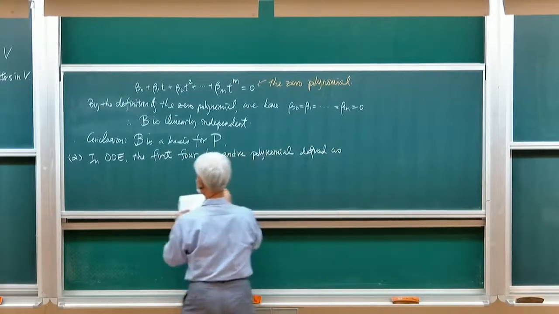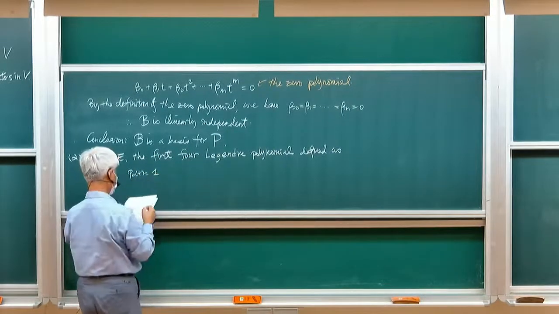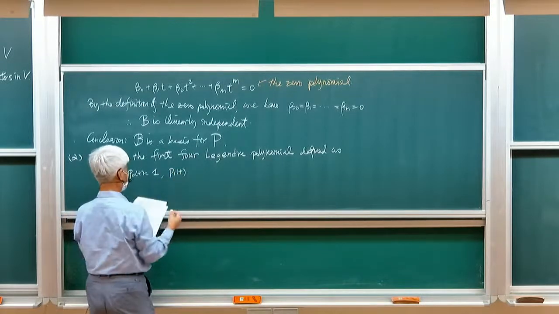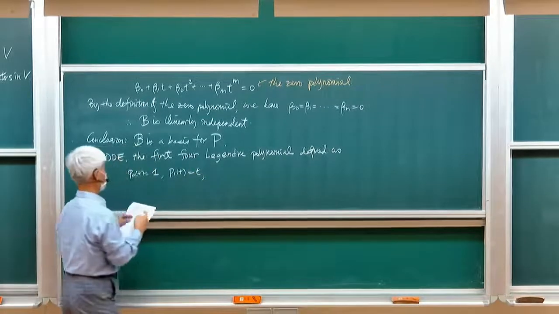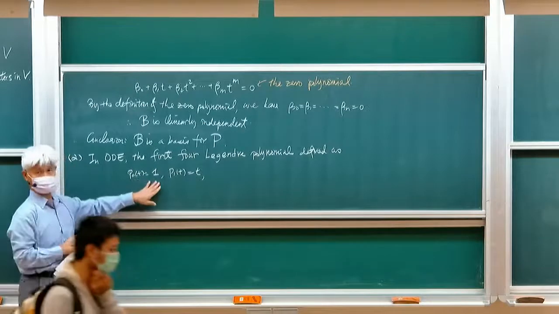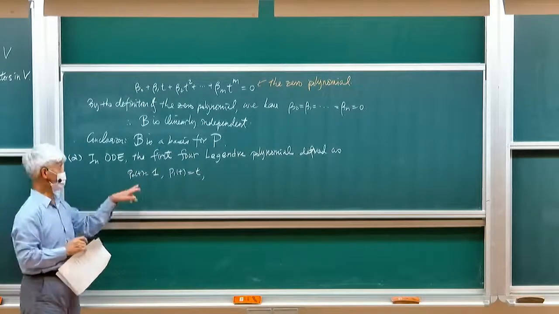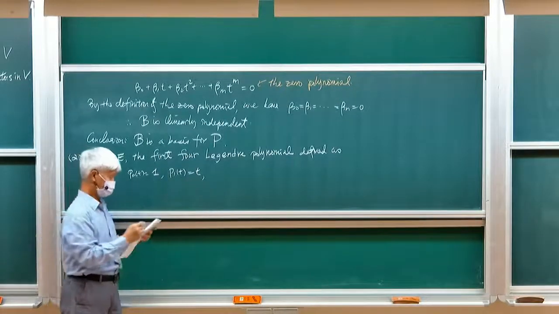Okay, so the first Legendre polynomial, P0, is just the constant polynomial 1, and the second one, P1, is t. So the subscript denotes the degree of the Legendre polynomial. So the Legendre polynomial of degree 0 is 1. The Legendre polynomial of degree 1 is t.